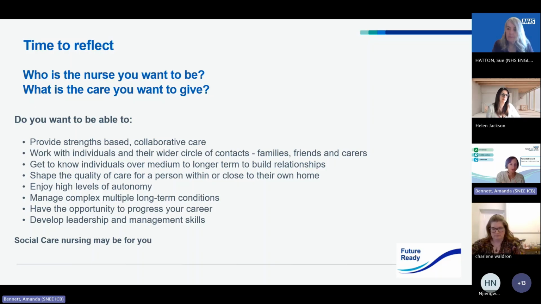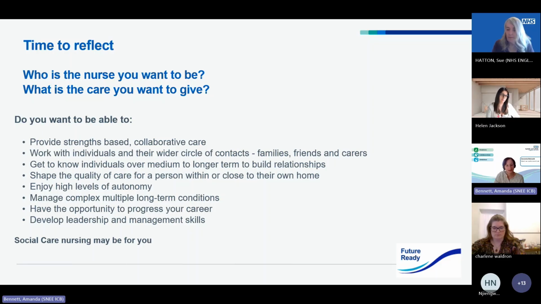Do you want to shape the quality of care for a person within or close to their own home? Do you want to enjoy high levels of autonomy? Do you want to manage complex, multiple long-term conditions? And do you want the opportunity to progress your career into leadership, or advanced practice roles?